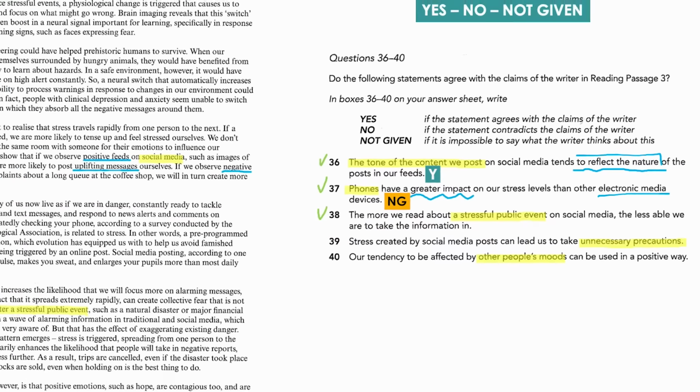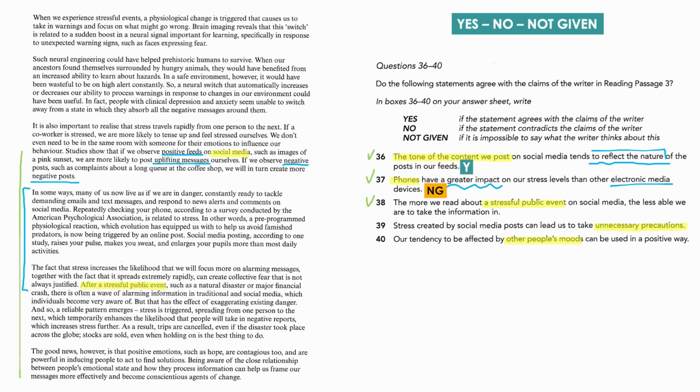Number 38. The more we read about a stressful public event on social media, the less able we are to take the information in. To take the information in means to understand what's going on and to act upon it. And we are less able to do so. Is it true? Well, let's have a look. So after a stressful public event, we read that individuals become very aware of the information, and when stress is triggered, it's spreading from one person to the next.